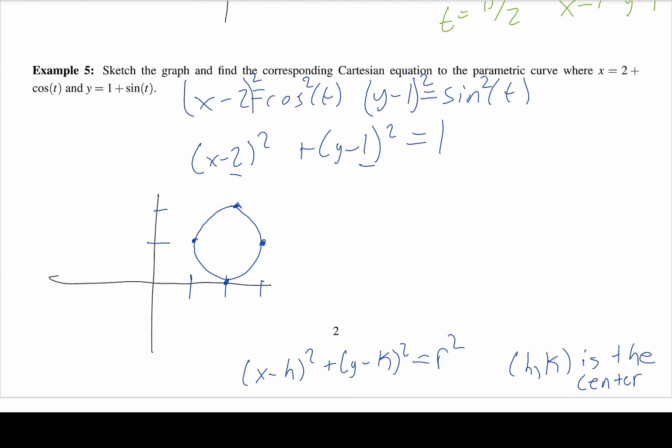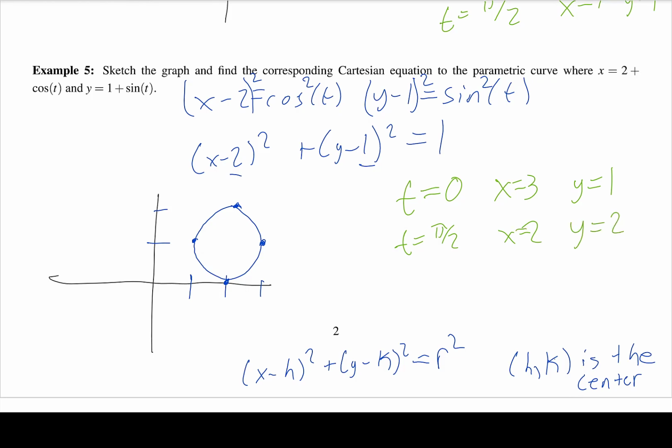All right, and now I just need some direction. All right, and so as the professor, that's what I'm here for, guidance or direction. That's why I'm good with parametric equations. So let's see, t equals 0, we would have x equals 3, y equals 1, t equals pi over 2, we would have x equals 2, y equals 2.